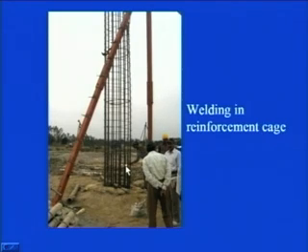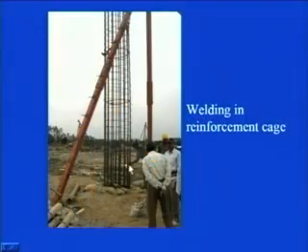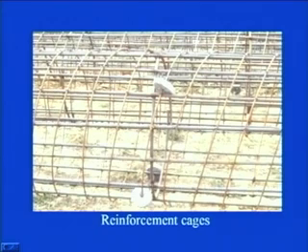Once it is welded at all the locations, you can proceed with lowering down this reinforcement cage. So now I hope you can appreciate why it is necessary to hold the reinforcement in position using this measure, so that the work which has to be done above the borehole can be conducted in this manner.